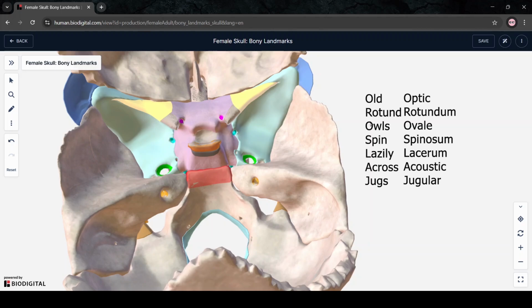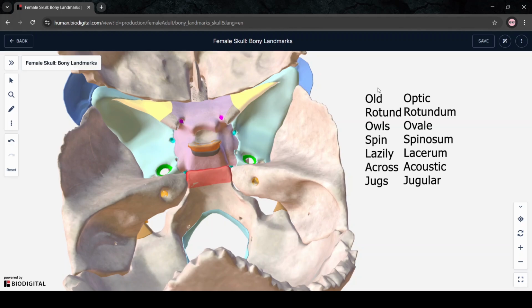Owls is for ovale, spin is spinosum, lazily is lacerum, across is internal acoustic, which is in the posterior, which we just said right here, this orange one. And jugs is the jugular foramen.